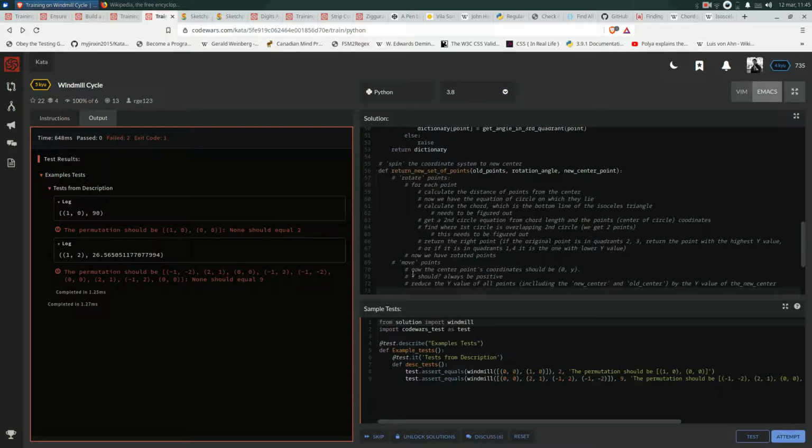So at that point, the new center point should now be at 0, 0. And what else?